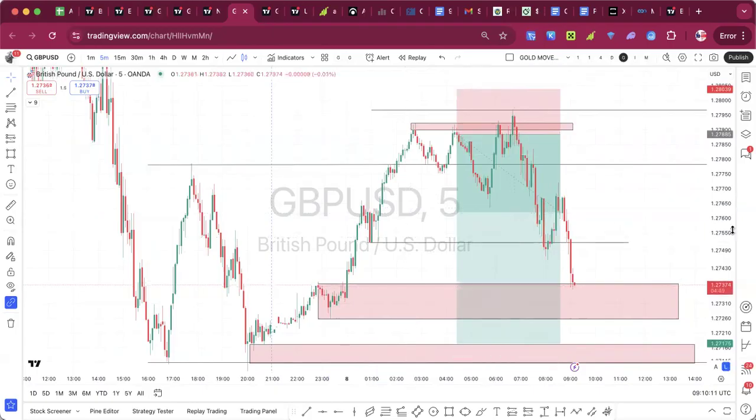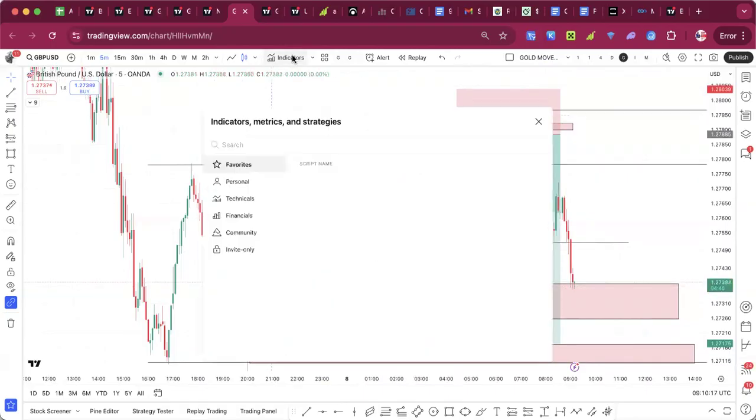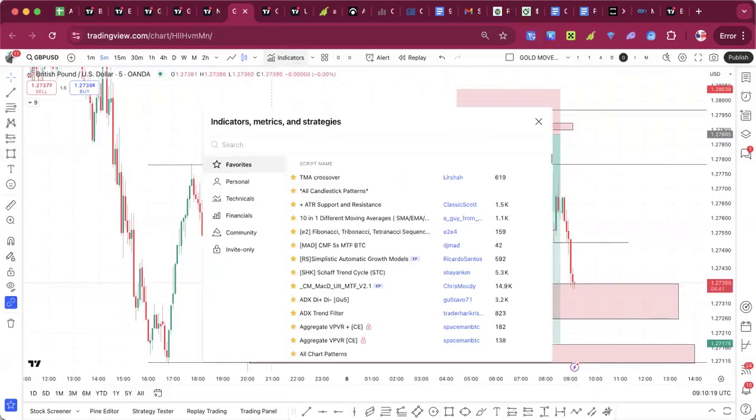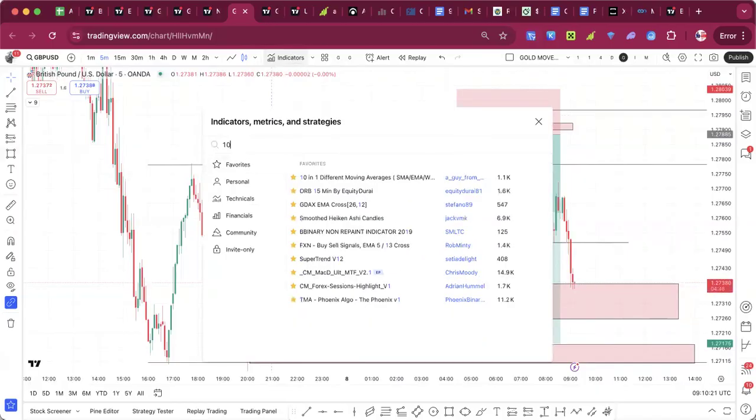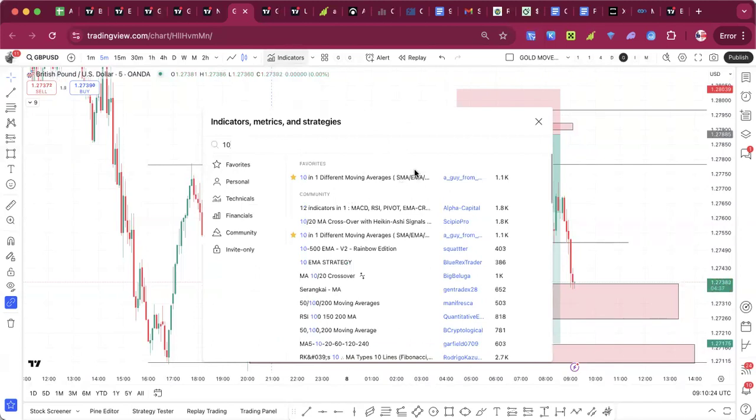Now, additional tools you could add just to help you if you're confused. You want to add a trend indicator, which is called EMA. Sometimes you may want to use more than one EMA, but I'll recommend just using one.